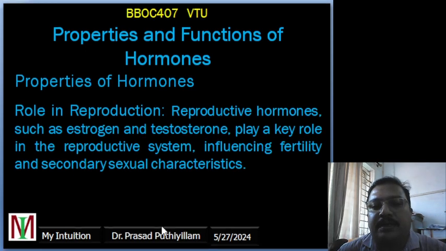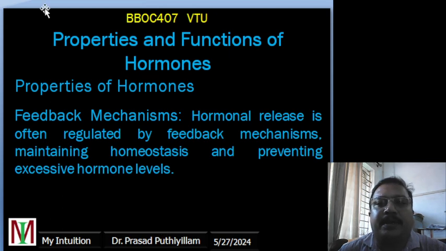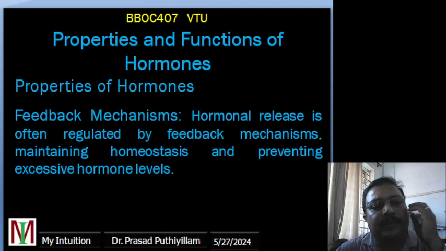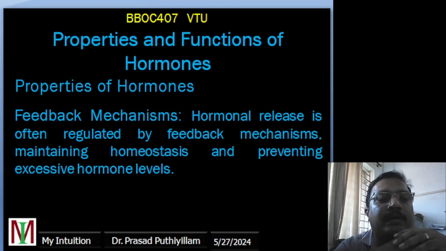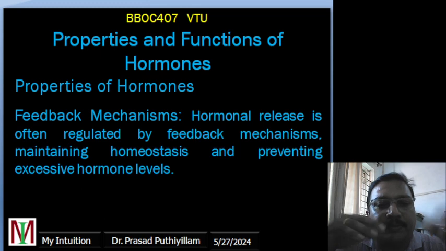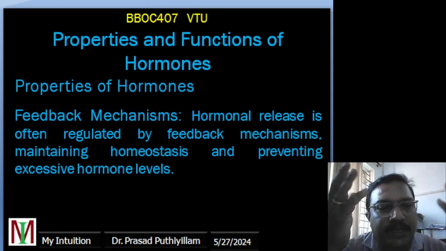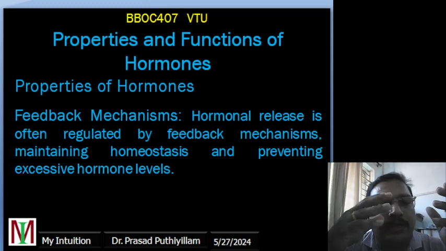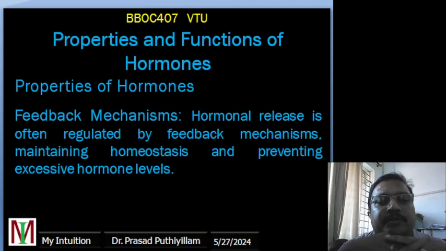One more thing, that is the feedback mechanism. Just imagine a thermostat in our house, in the room. When the temperature gets too high, the thermostat senses it, and it will turn on the air conditioner to cool things down.